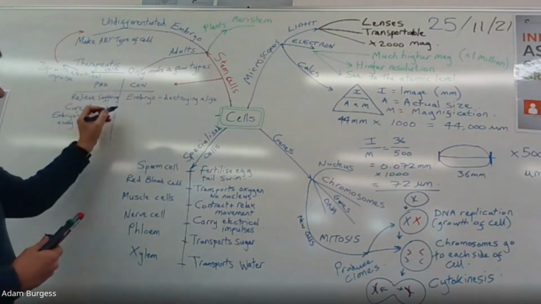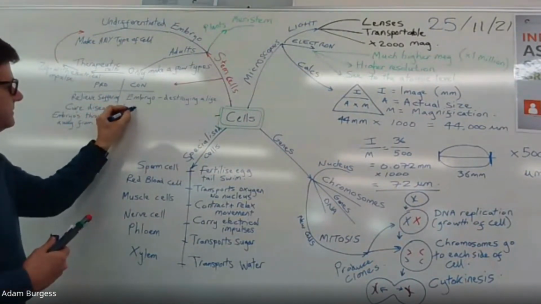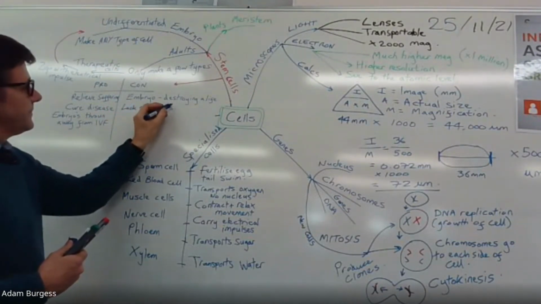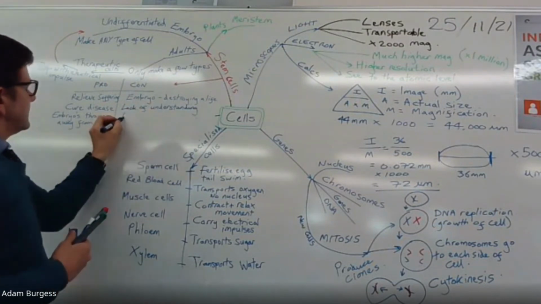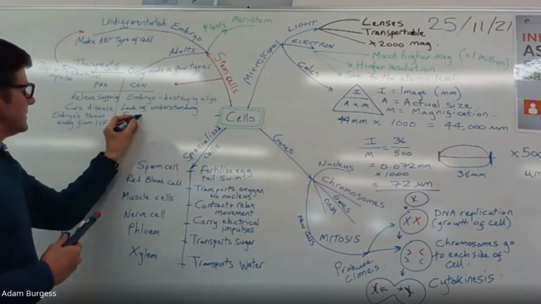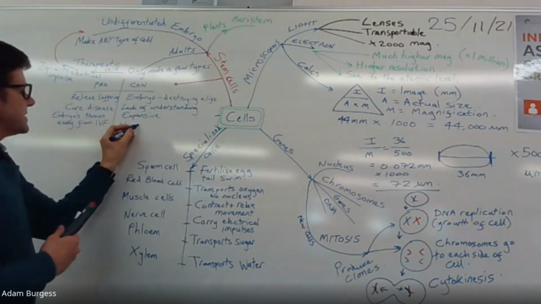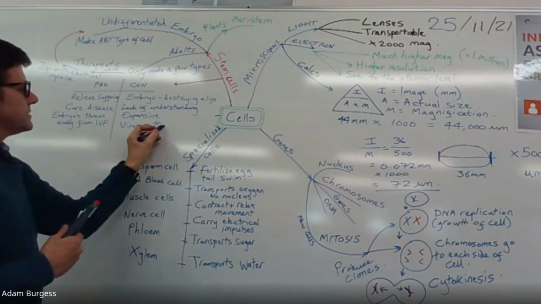Okay. Also, we don't understand, so lack of understanding. It's expensive. And also viruses could be transmitted. Viruses transmitted by stem cells.